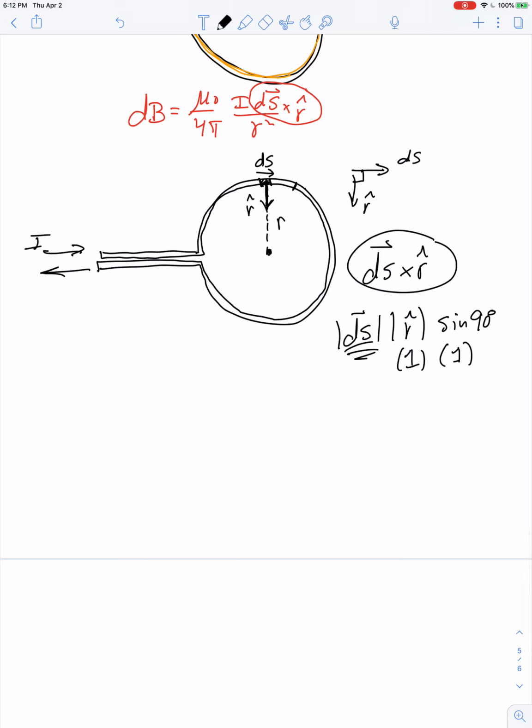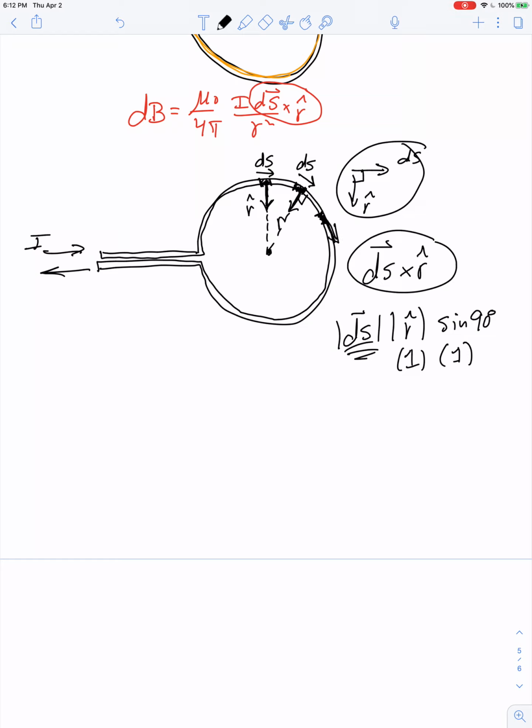Now I'm going to have to add the magnetic field from this segment ds. Now, this segment ds is a vector pointing that way, but then again, the r hat from here points this way. I don't think there's any segment of the wire for which ds and r hat will not be perpendicular to one another.